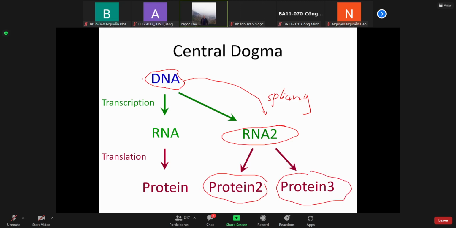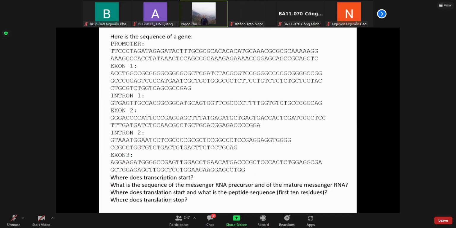So as a result, the number of proteins will be much higher than the number of genes, always greater than the number of genes.